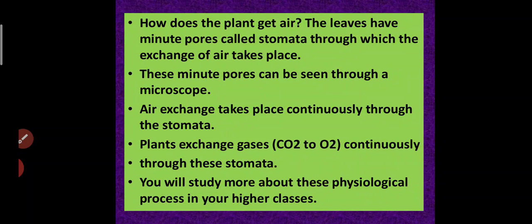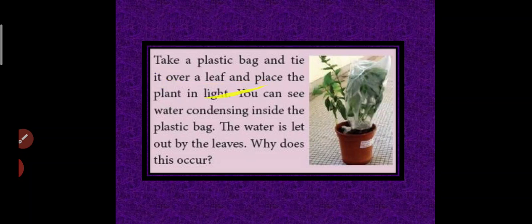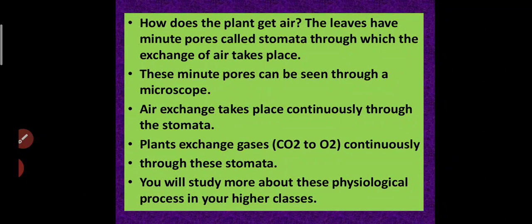Finally, we have exchange of gases. With the help of an experiment only we are going to understand this. So how does this plant get air now? The leaves have minute pores called stomata through which the exchange of air takes place. These minute pores can be seen through the microscope, and air exchange takes place continuously through the stomata.